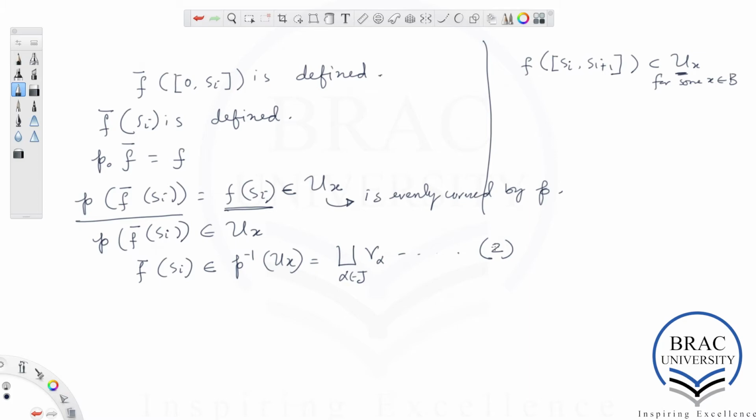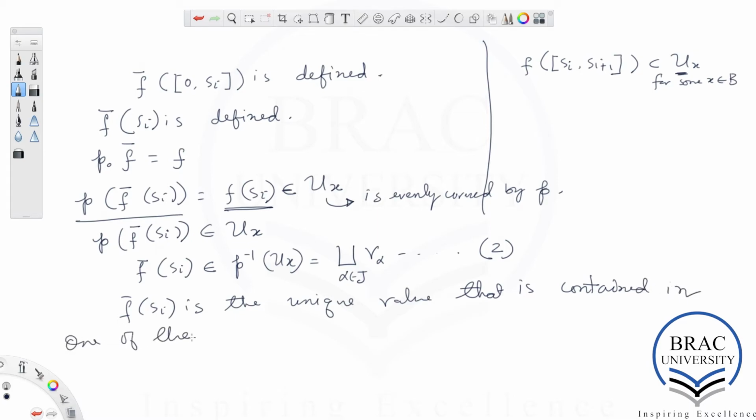Now, since this is a disjoint union of V alphas, F bar of Si has to be in one of those V alphas, right? F bar of Si is the unique value that is contained in one of the V alphas.